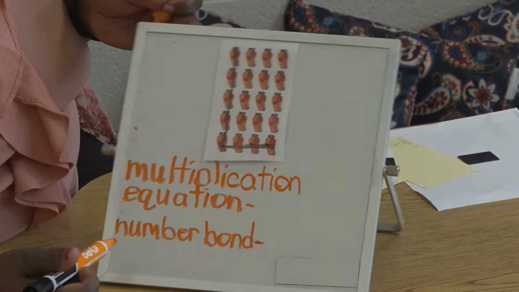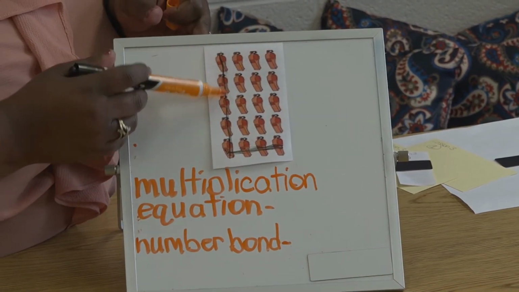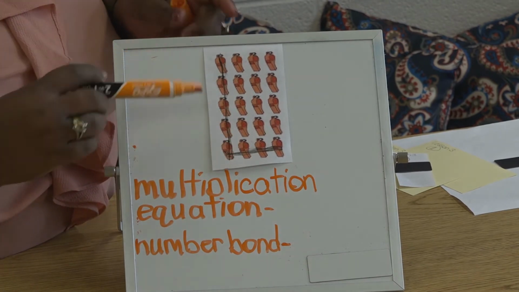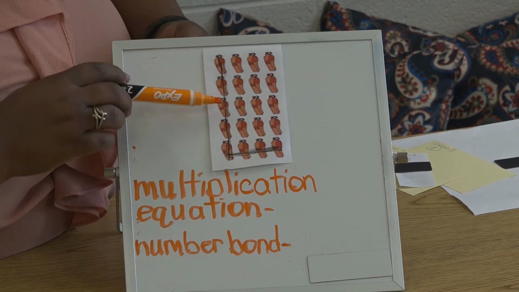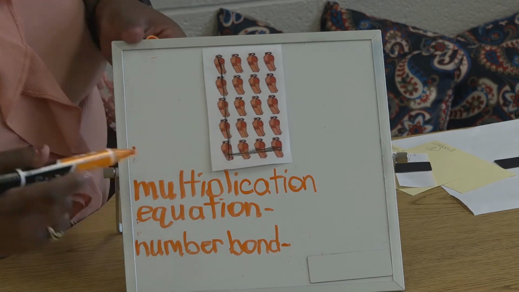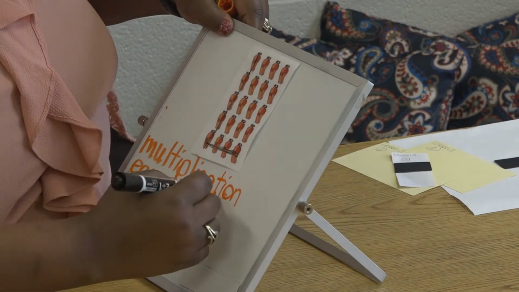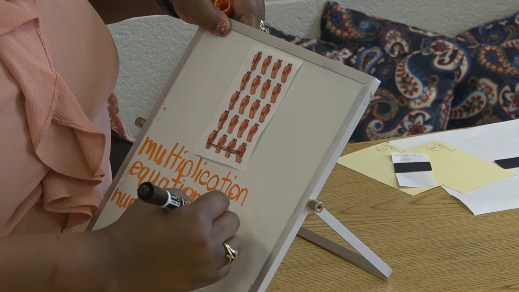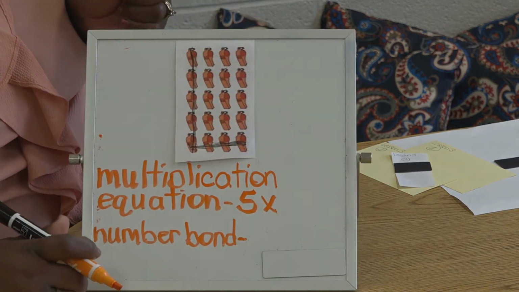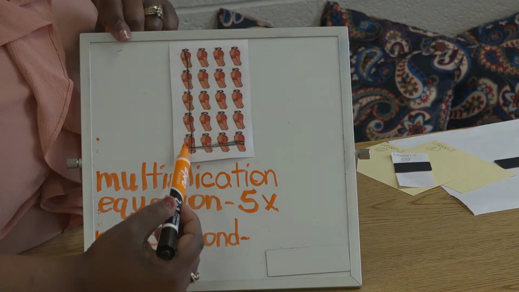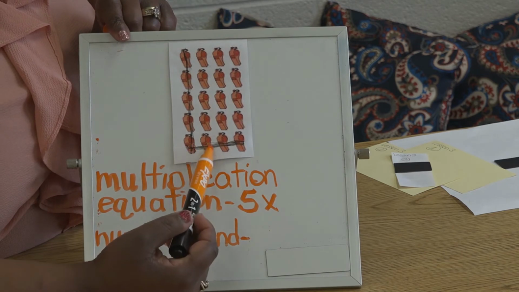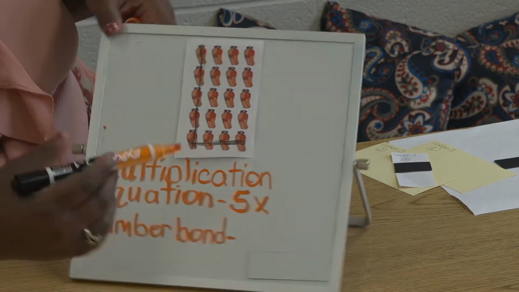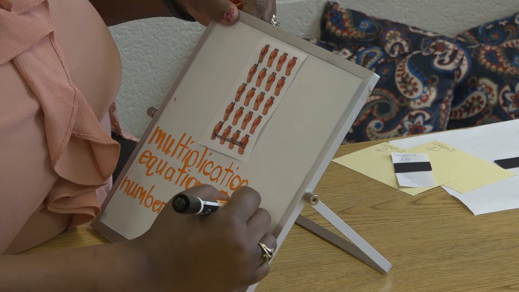All right, for the multiplication sentence, I used my letter L. It tells me how many rows I have. 1, 2, 3, 4, 5. 5 is my first factor, times how many are in each row. These are my columns. 1, 2, 3, 4. 5 times 4.